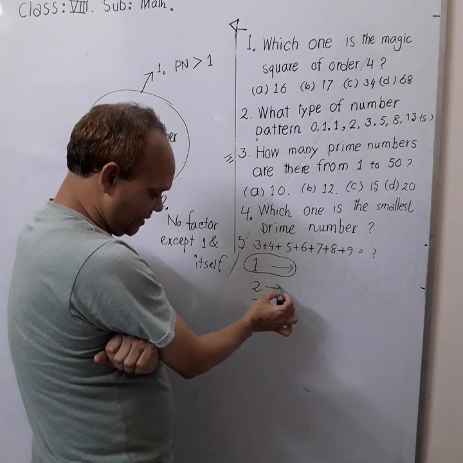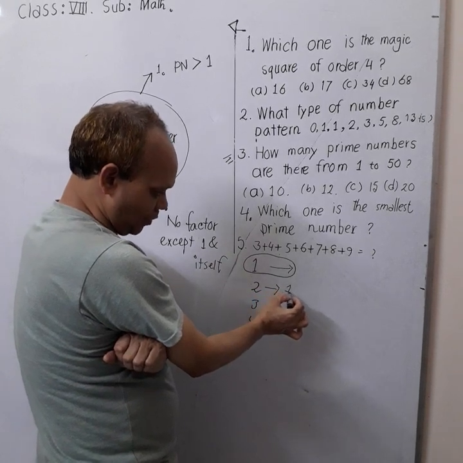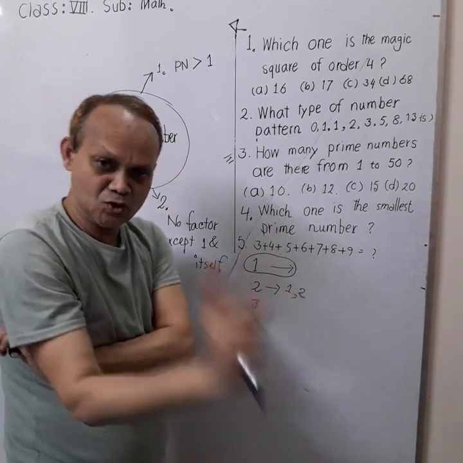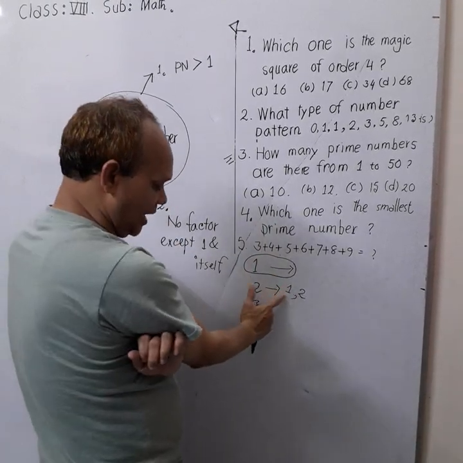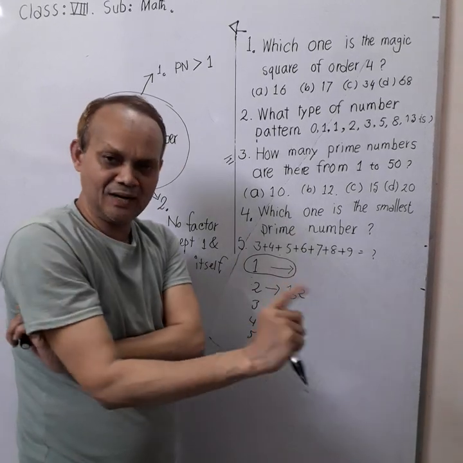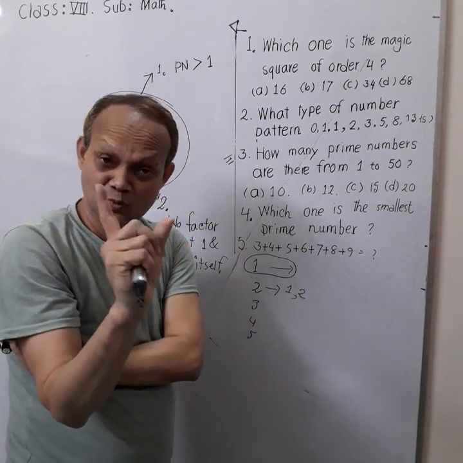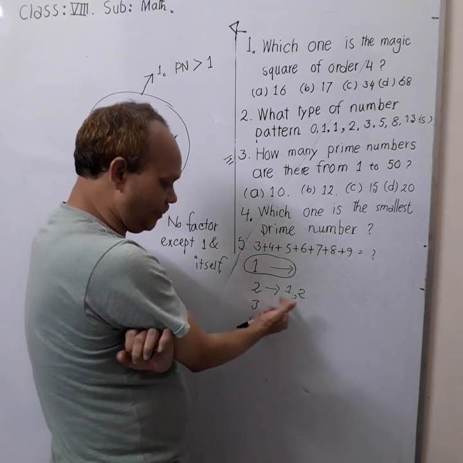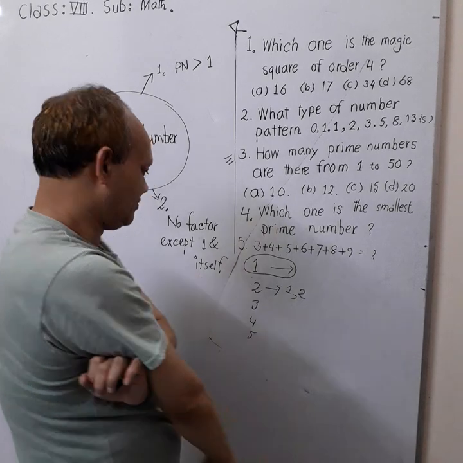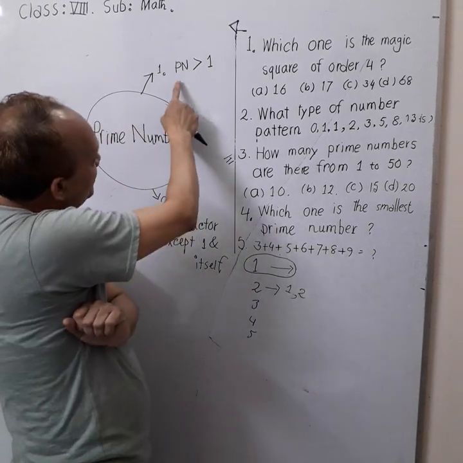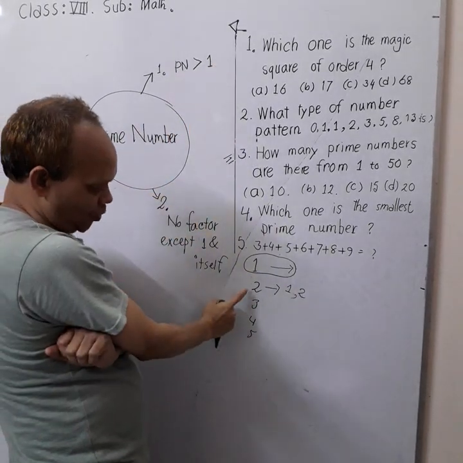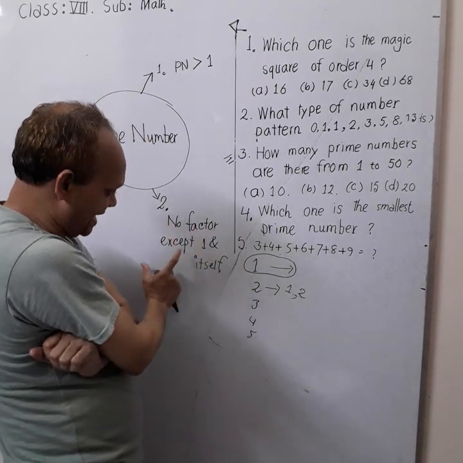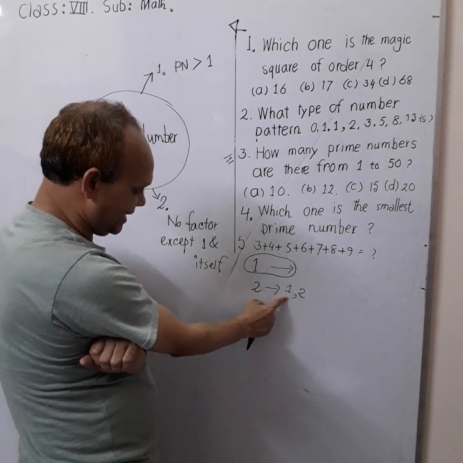You see 2, that is 1 and 2. I mean 2 has 2 factors, that is 1 and itself, and except 1 and itself there is no factor of 2. So 2 is of course greater than 1, and there is no factor except 1 and itself.